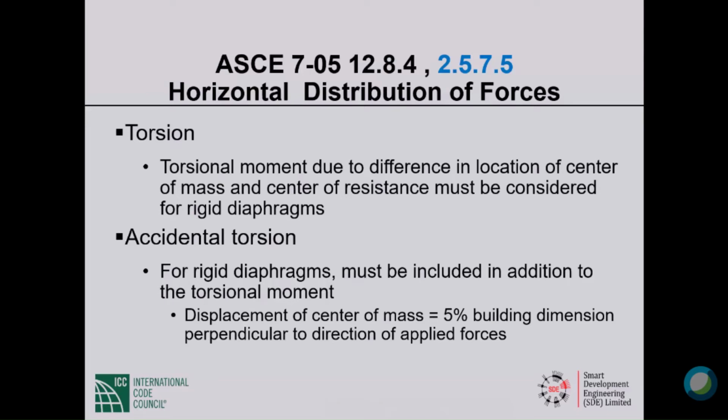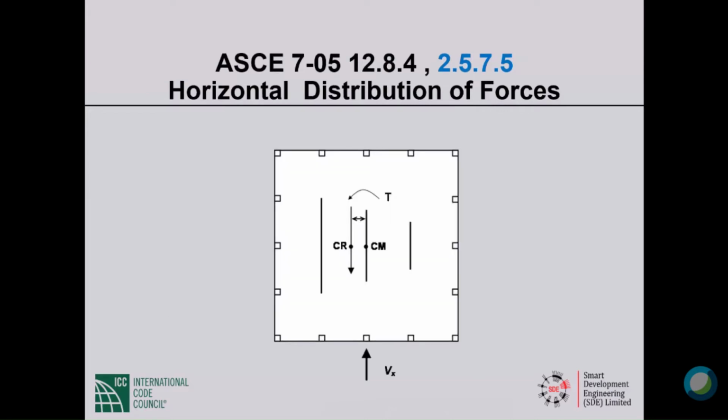So torsional moment due to difference in location of center of mass and center of resistance must be considered for rigid diaphragms. For rigid diaphragms must be included accidental torsion. Okay, so when the center of mass and the center of rigidity coincide, if those shear walls were of the same length, that would be the case. Even then, we consider an accidental torsion equal to the story shear multiplied by 5% of the plan dimension perpendicular to the story shear.